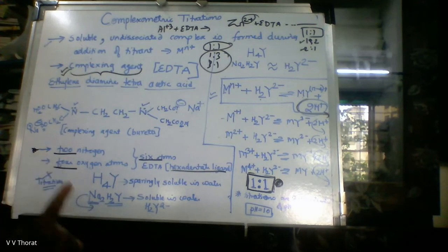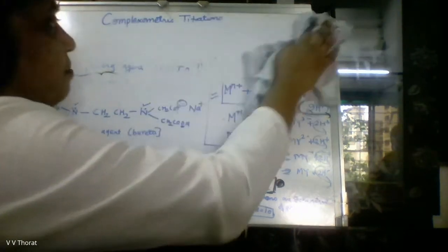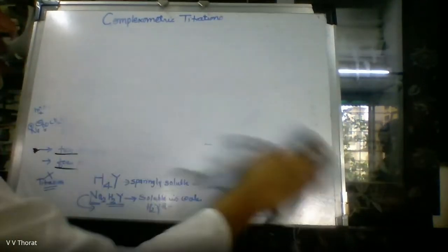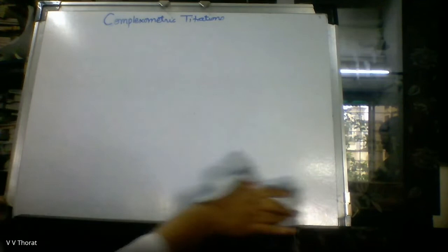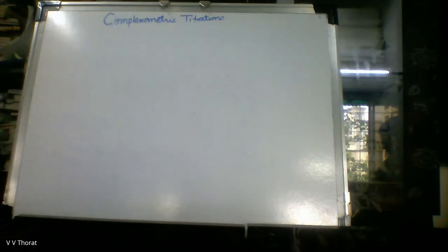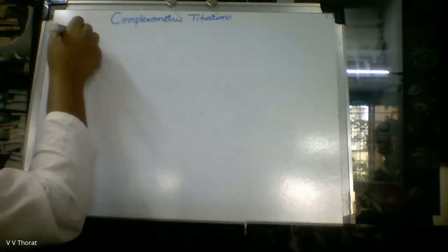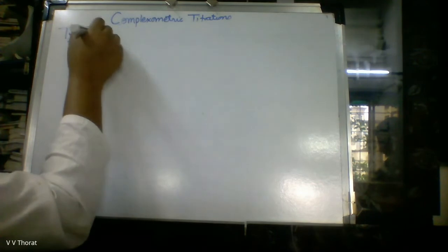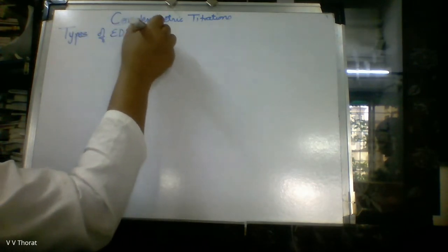Now we will start with types of complexometric titration. Okay. I hope this part is very, very, very clear to you all. If you have any questions, you can put it in the chat box. Okay. So Abhi, very, very interesting. Students write very nice answer, university students. Okay. So types of EDTA titrations.